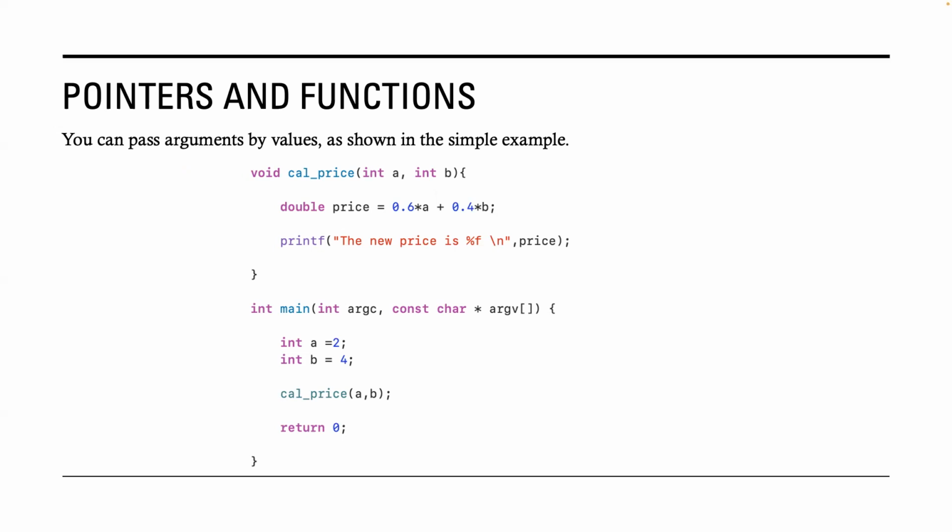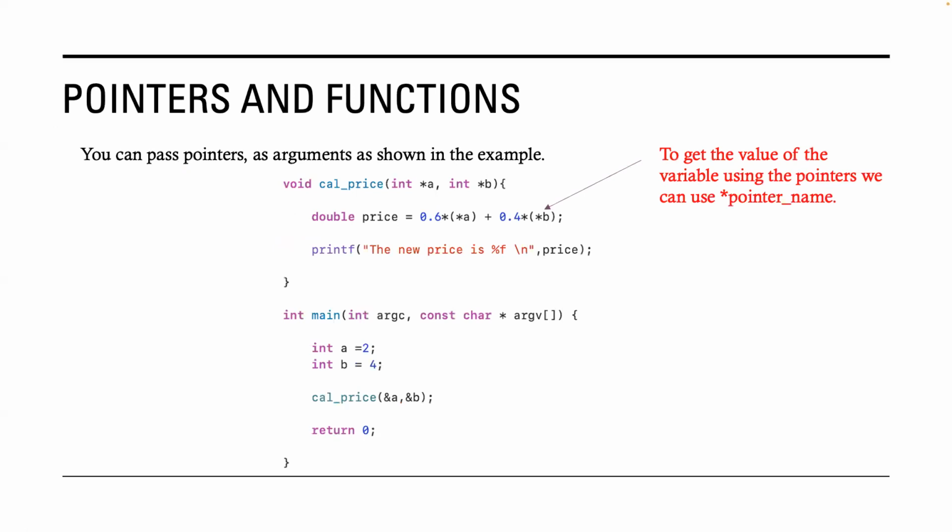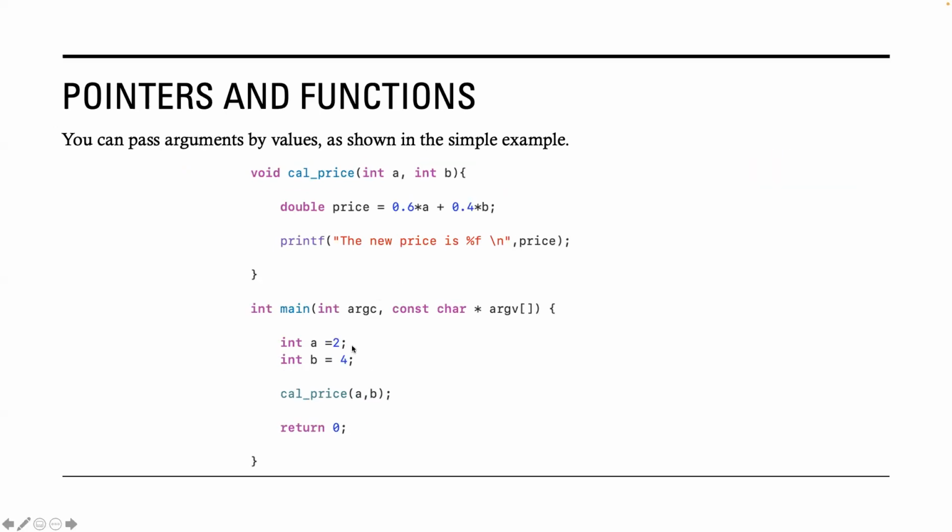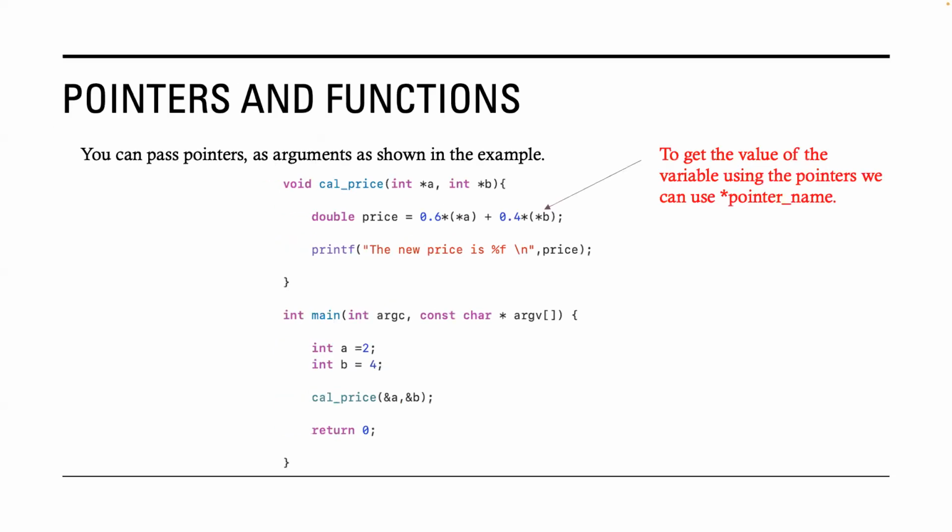These are the arguments, and we have this double type price variable, which is equal to 0.6 times the value of a plus 0.4 times the value of b, and we are printing the value here. In the main function, we have these two variables, and we are passing the values to this cal underscore price function. So this is a normal and simple code you can understand.